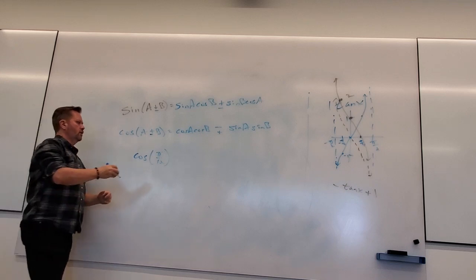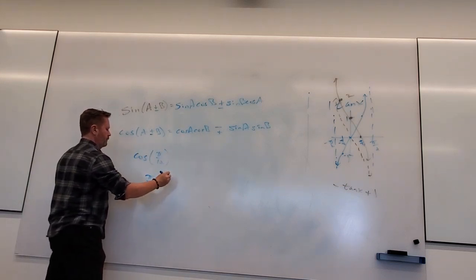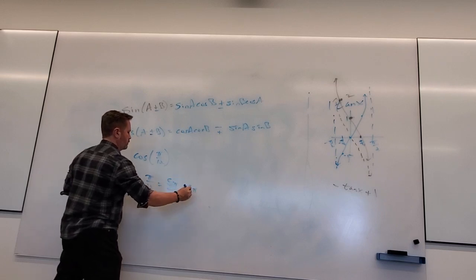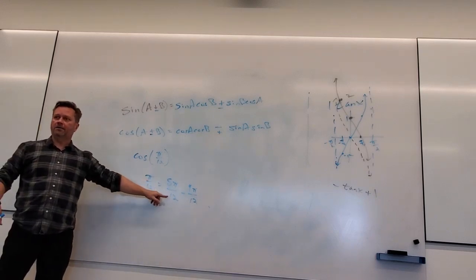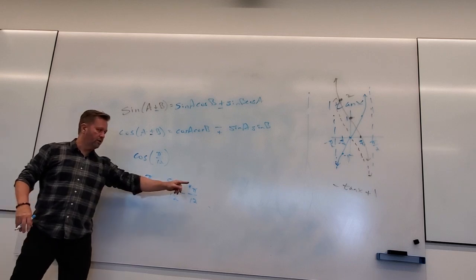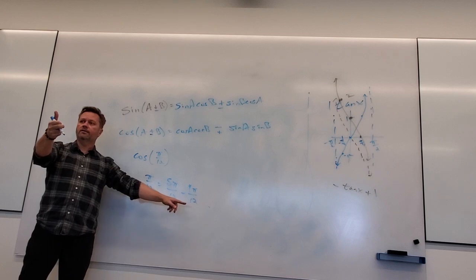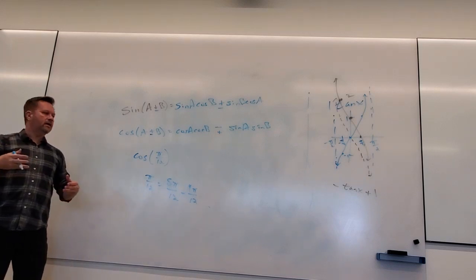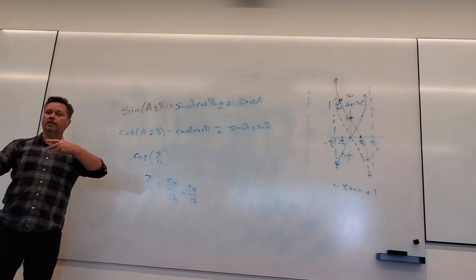So, one way to think of this, let me just look at pi over 12. Isn't it true that pi over 12 is 5 pi over 12 minus 4 pi over 12? Now this is not good, because do you know 5 pi over 12? No. But do I know 4 pi over 12? Yeah, because that reduces to pi over 3. So now can I think of two angles that subtract where I know both of them?